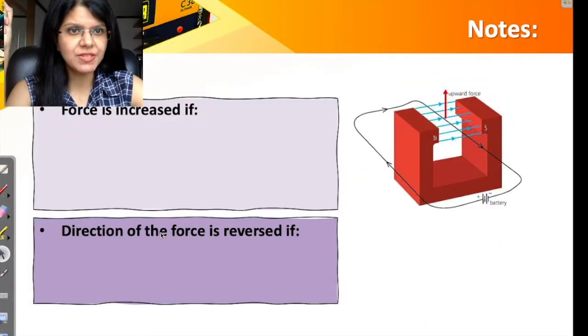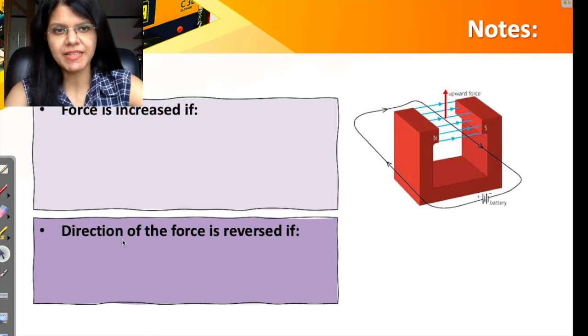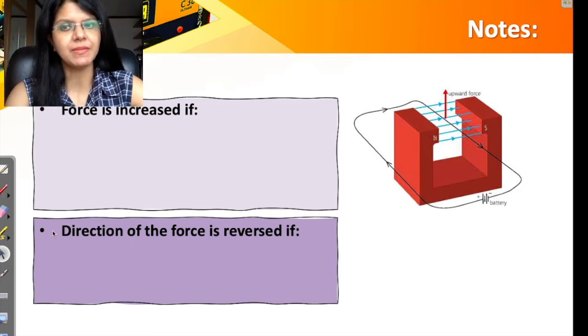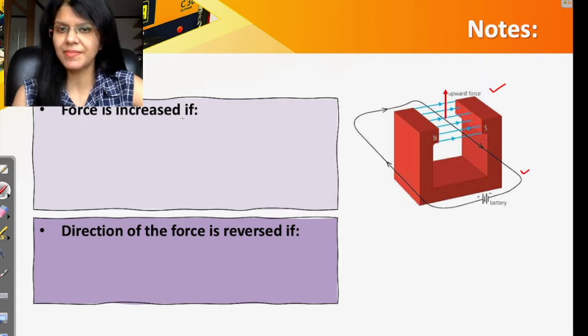A little bit of notes for you all to make, examination kind of things that we are going to discuss here. So you can take out your textbooks, take out your pens and make some notes. The force is increased. Now the force which is experienced by the wire here, how can you increase it?